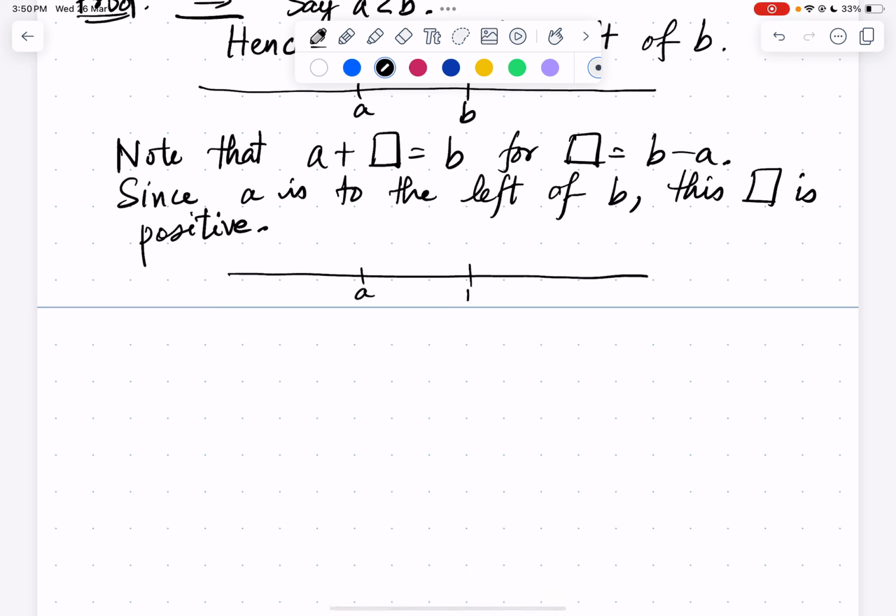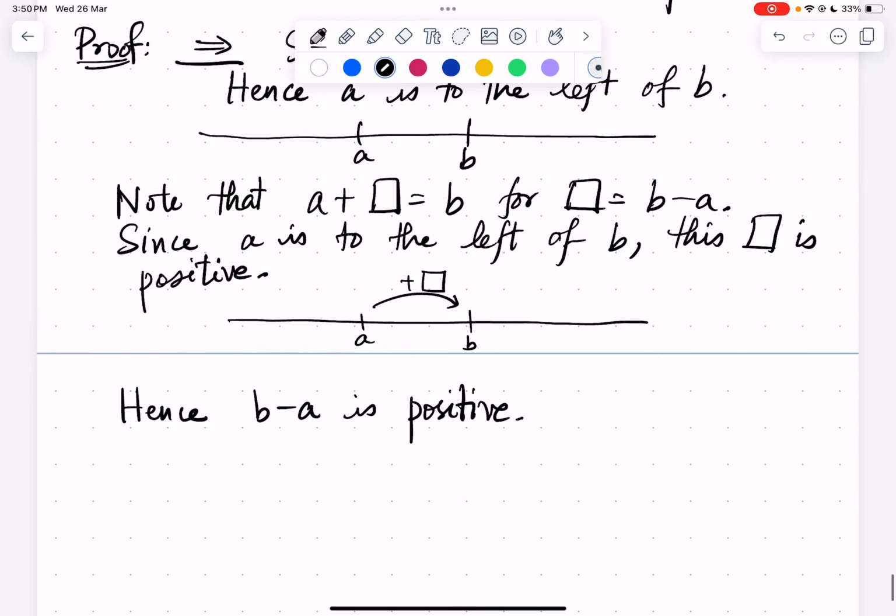So A, B. So A plus box is equal to B, and since A is to the left of B, this box is positive. Hence, the box which is B minus A is positive. So we begin with A is to the left of B and proved that B minus A is positive.